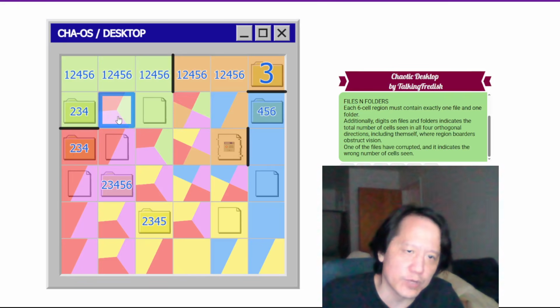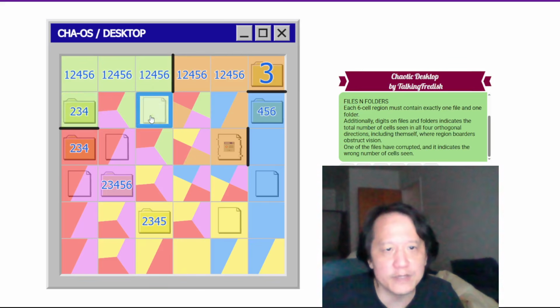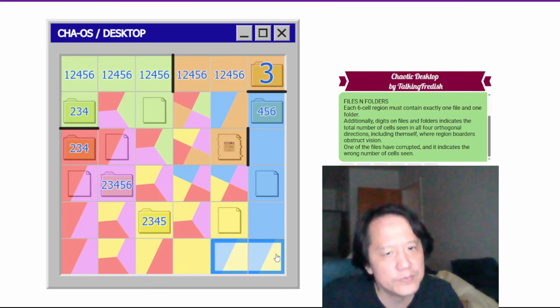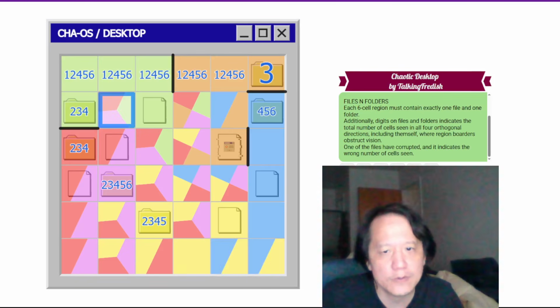If this is green, that would mean these two cells see the same number of cells, and this file would be corrupted. So then these must see different cells. So if that's green, obviously neither of these are green. This is the corrupted file.